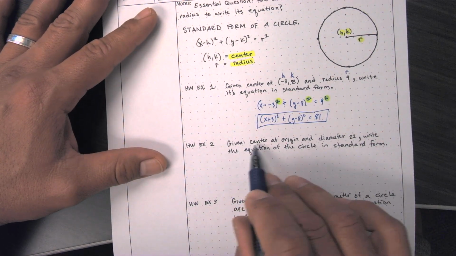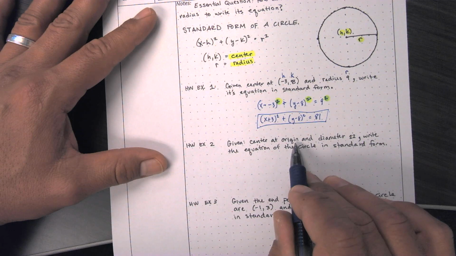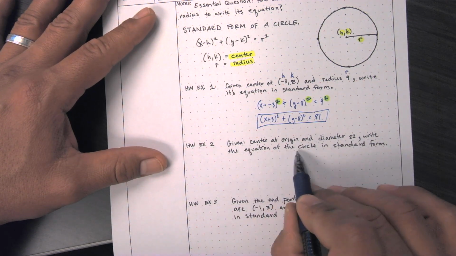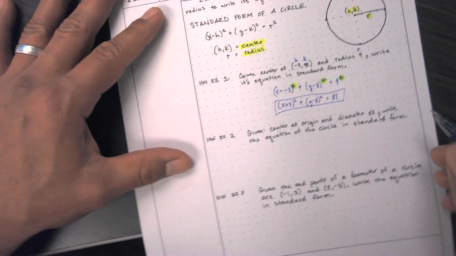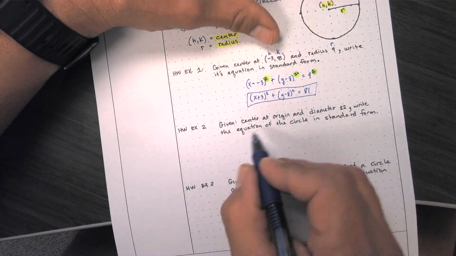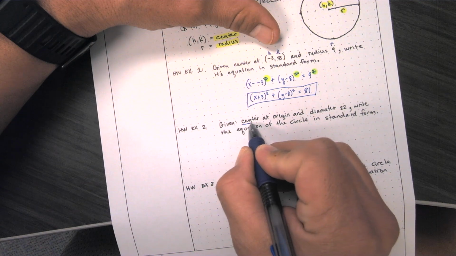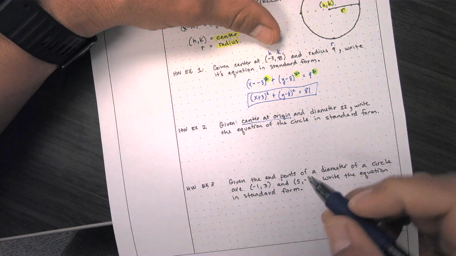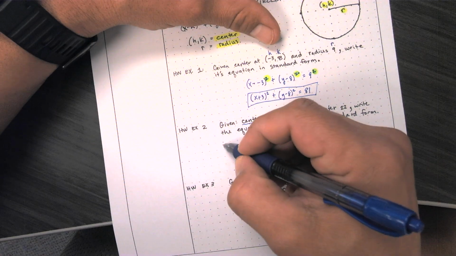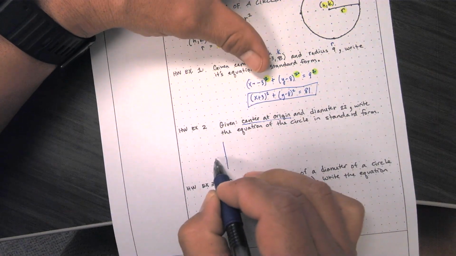We have, given the center is at the origin and the diameter is 22, write the equation of the circle in standard form. So with this, center at the origin, we have to remember the origin of a graph. I'm just going to show you a small example.